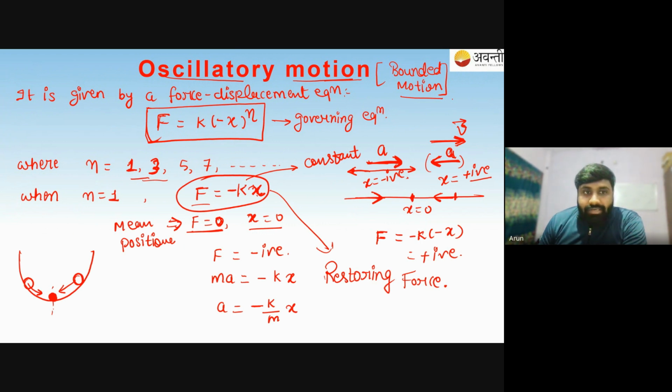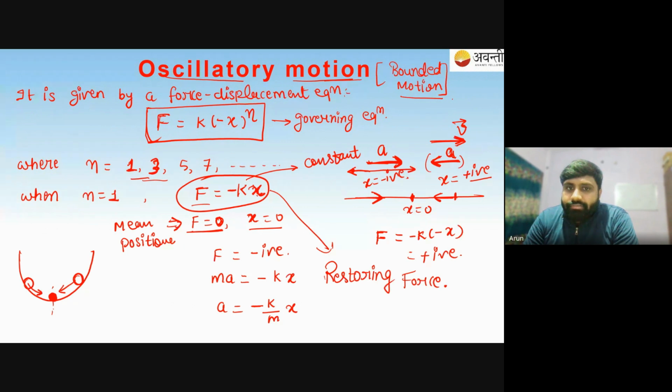So this kind of motion is also oscillatory motion, because in oscillatory motion, the force that is acting in that system always tries to capture that particular body at the mean position. Always tries to pull that body to the mean position.